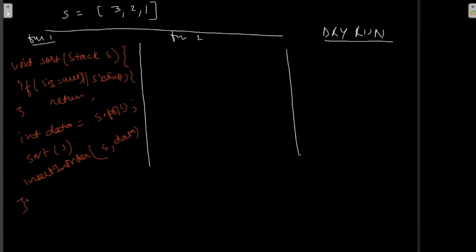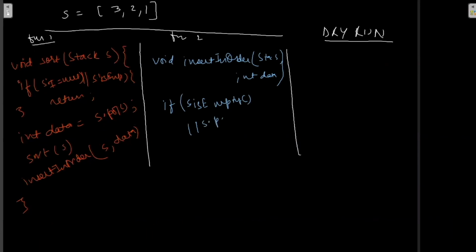Okay, let me define all the methods and then we'll dry run and see. Now this method is void, it takes S and it takes data. This method is: if S is empty or S dot peek is less than or equal to data, in that case I simply do S dot push data.